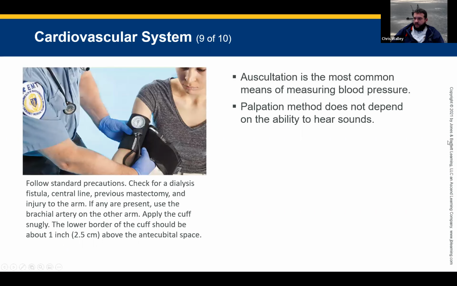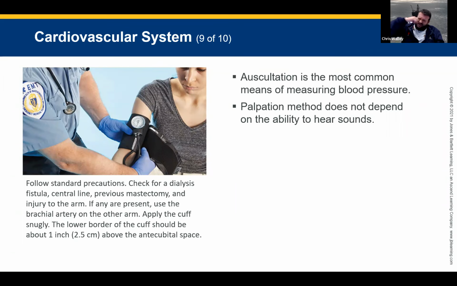Right here there's some writing, and it says artery. The artery runs on the inside of the arm, down on both sides, and you want to put the line right there on the artery. It velcros around. They do make small, medium, and large, and children's sizes too. Most of the time, we all carry the large and extra large.